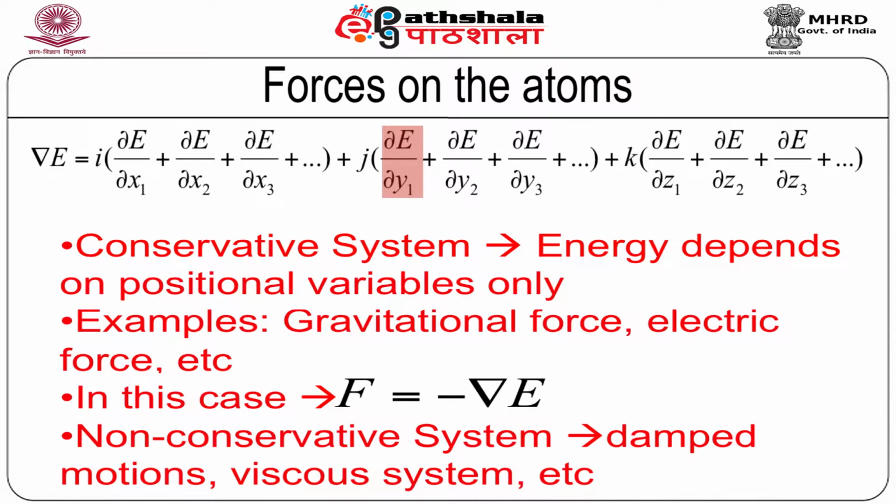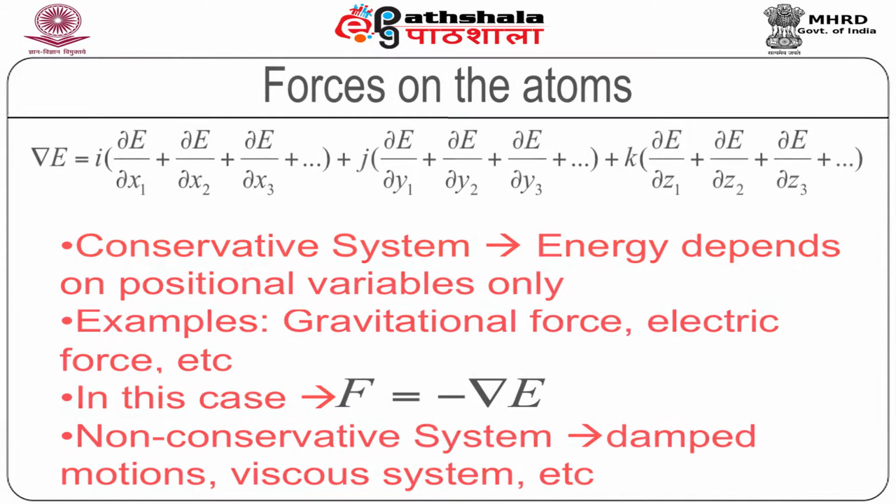Similarly, we have the differential coefficient with respect to the first atom's y, the second atom's y, the third atom's y, and so on. And these are all added with j, the unit vector along the y-axis, and similarly with the unit vector of the z-axis we differentiate with respect to the z components of all the atoms. All these forces can be calculated.